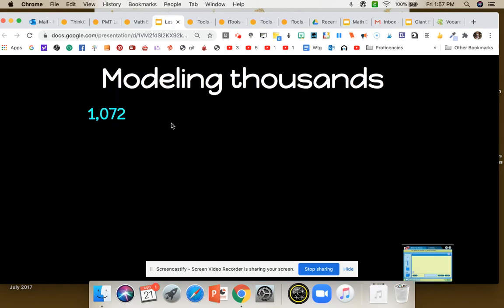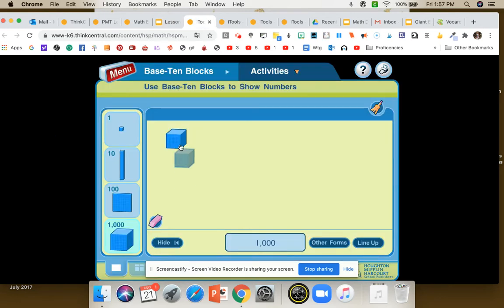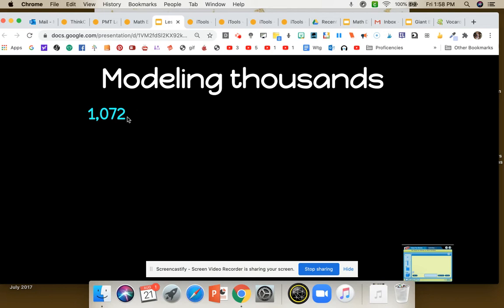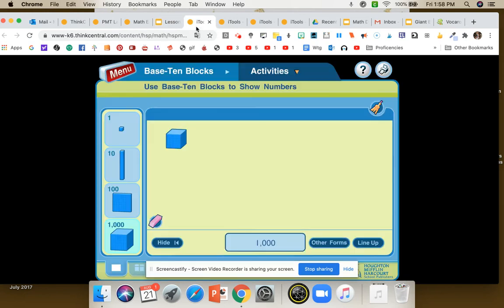What number are we doing? Oh, 1072. So there's 1070. I don't have any hundreds. Did you notice this 0? That means there's no hundreds. So I go on to the next digit, which is a 7. So I'm going to my tens because it's actually 70.